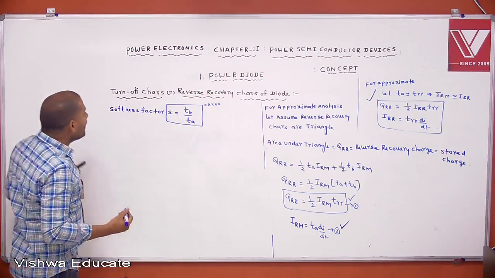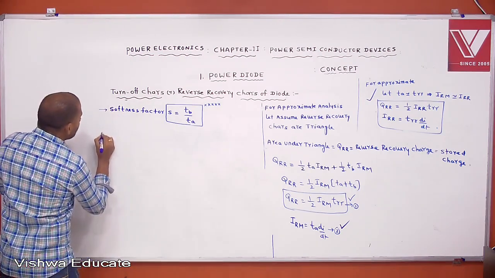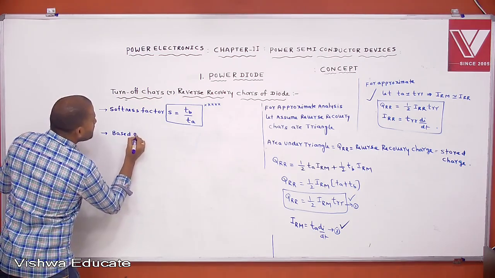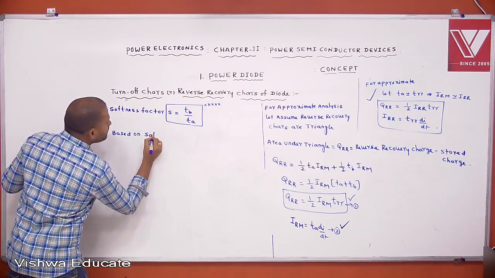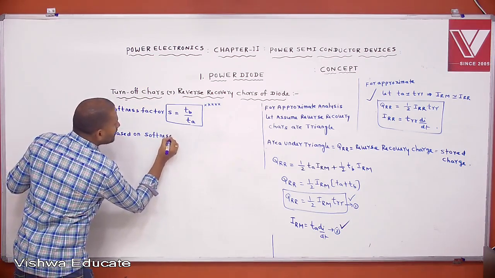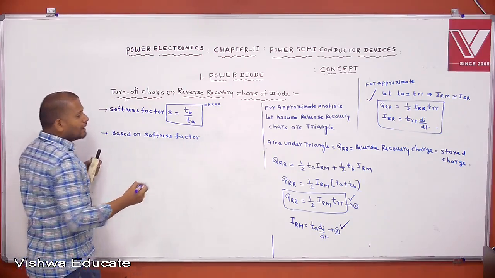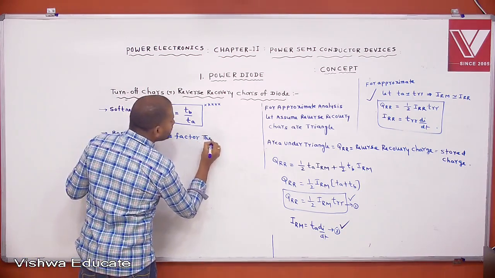Now, based on the softness factor, the diodes are classified into two types.